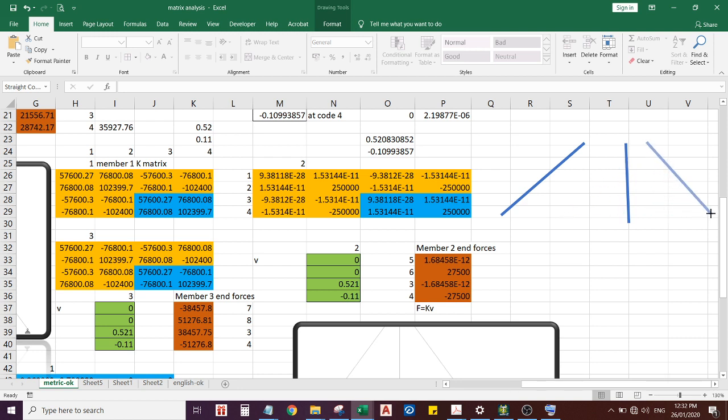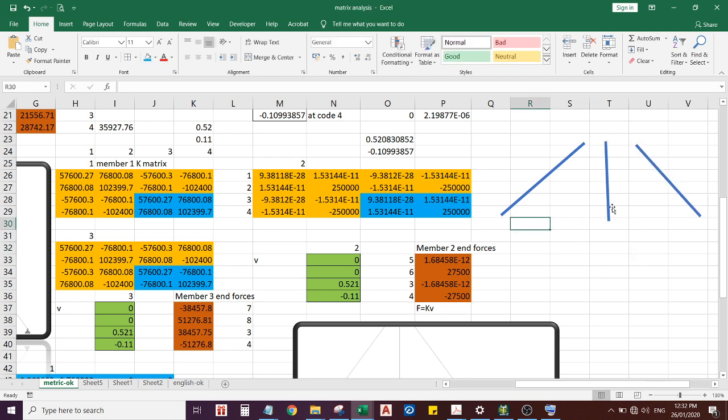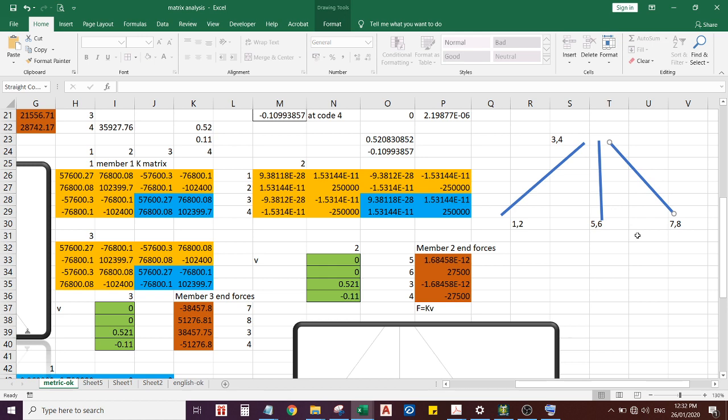So our code here is 1 and 2, our code here is 3 and 4, our code here is 5 and 6. Same here, 3, 4 also, while here is 7, 8, and also 3, 4. So they will be sharing the same code number. That's it.